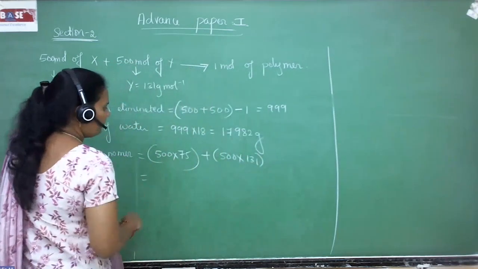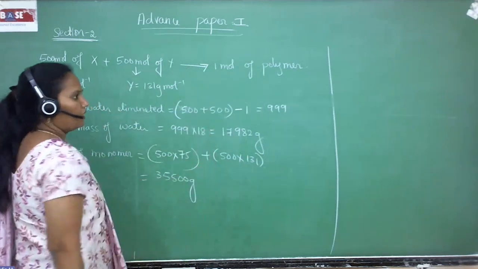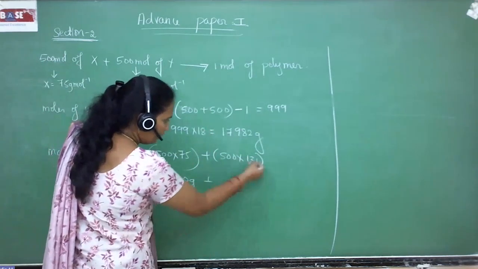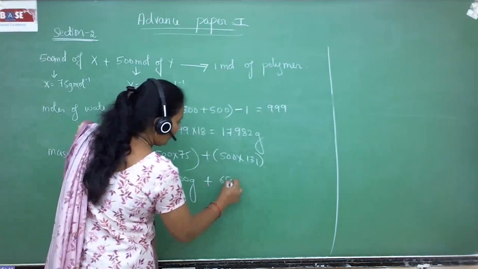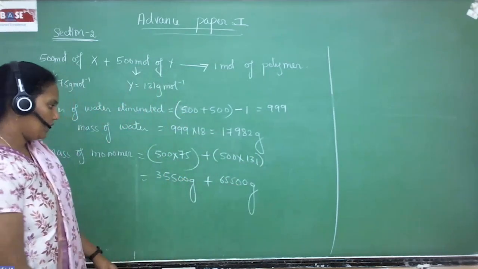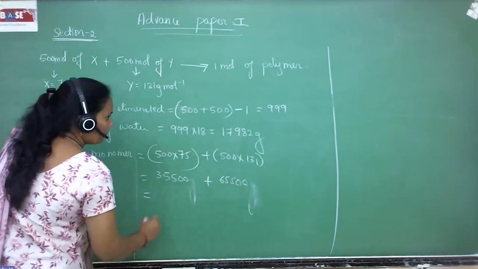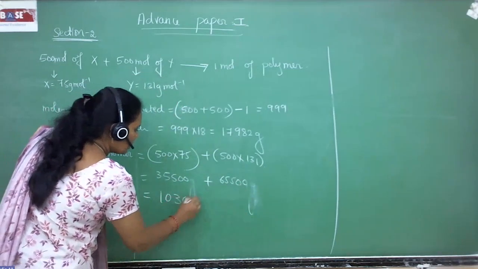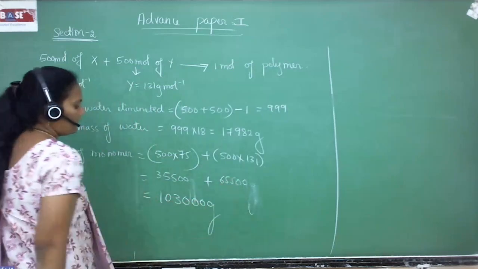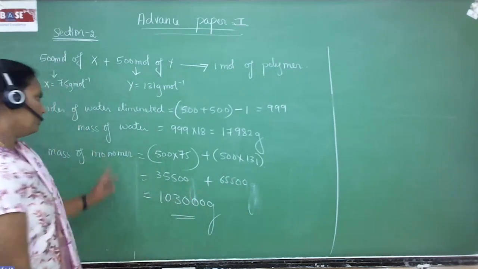Therefore, when I simplify this, we get 37500 grams plus 65500 grams. When I simplify this, we get 1,03,000 grams. This is the mass of the monomer.